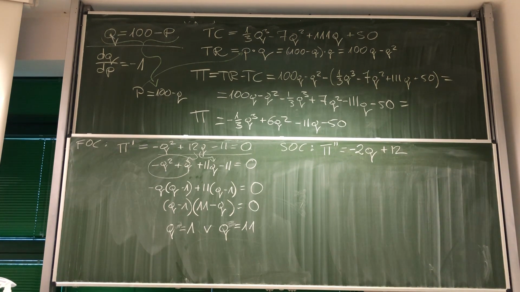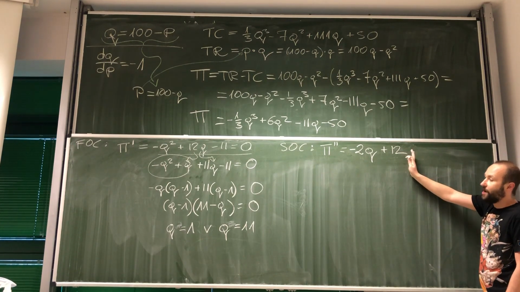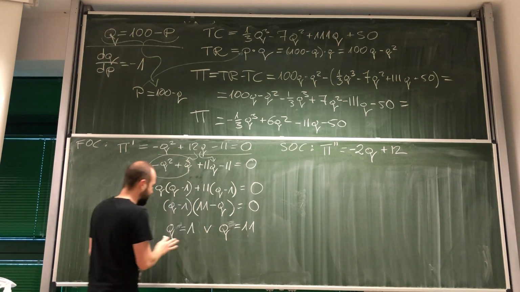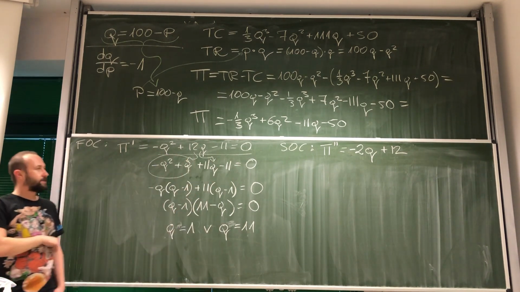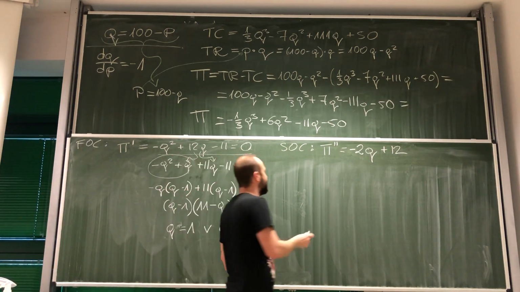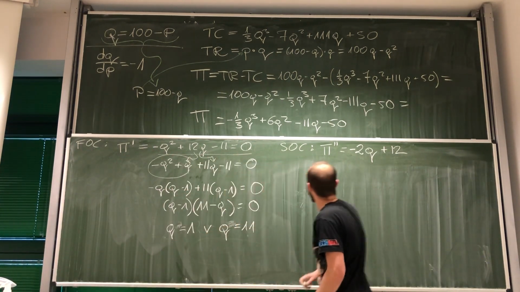At this moment, this is not telling me a lot, but now I can substitute the two values inside this second derivative and see which one is positive, which one is negative. I'm going to start with q equal to 1.